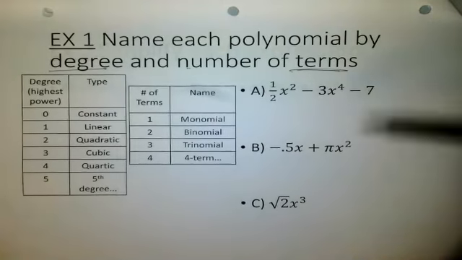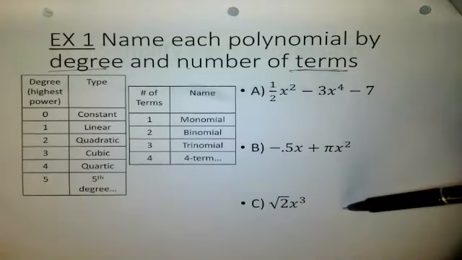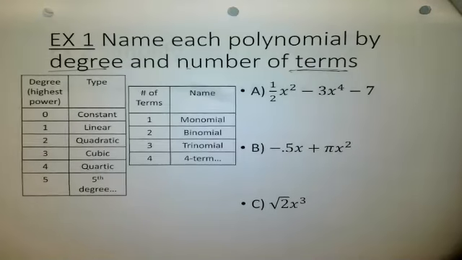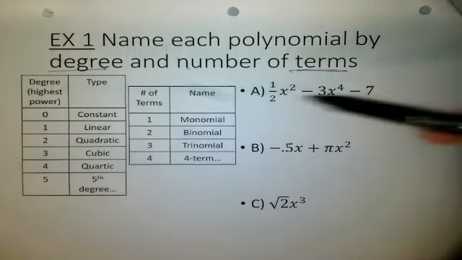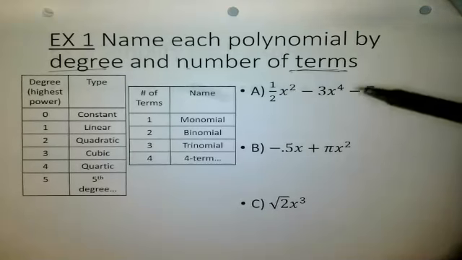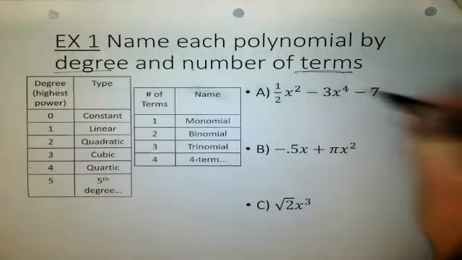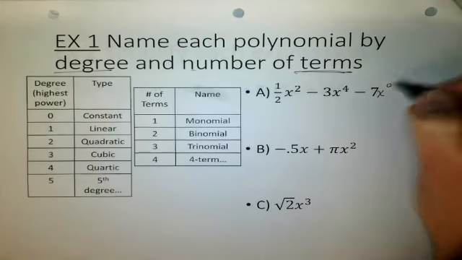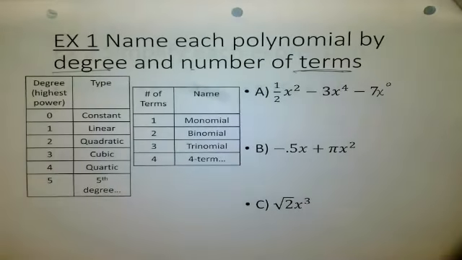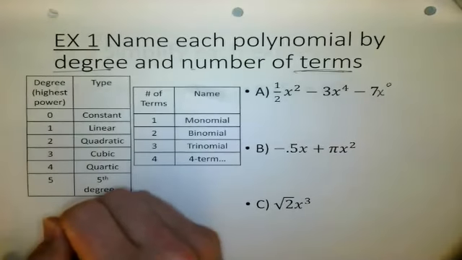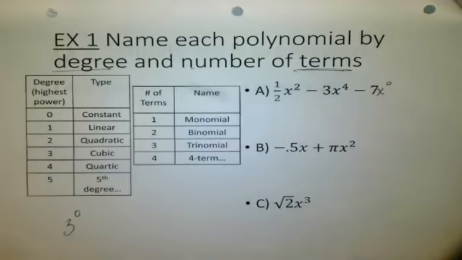So A, B, and C are examples of polynomials, and when we look at the terms, I see a few terms here. When I look at the x's, we have x squared, x to the fourth. This is actually x to the 0, negative 7x to the 0. What happens if you have a number like 3 to the 0, any number to a power of 0?